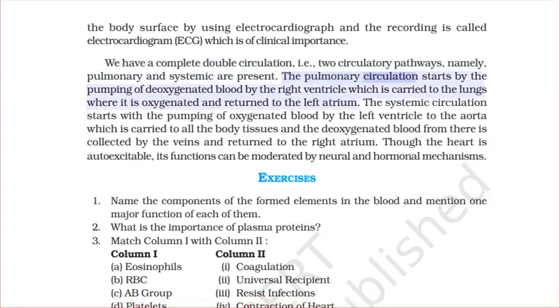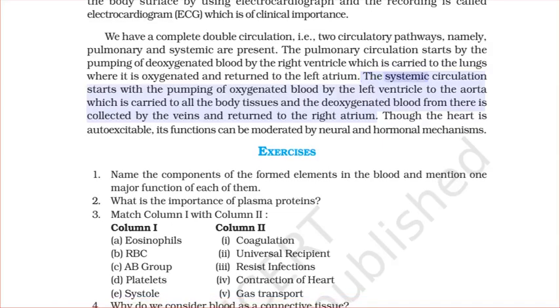The pulmonary circulation starts by the pumping of deoxygenated blood by the right ventricle, which is carried to the lungs where it is oxygenated and returned to the left atrium. The systemic circulation starts with the pumping of oxygenated blood by the left ventricle to the aorta, which is carried to all the body tissues, and the deoxygenated blood from there is collected by the veins and returned to the right atrium.